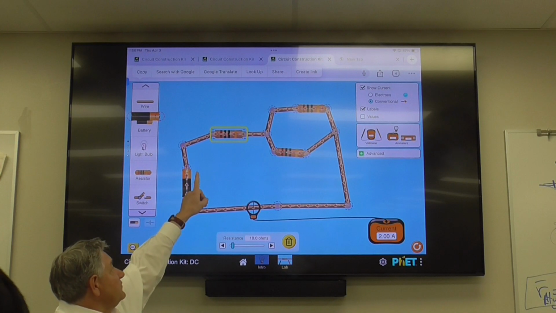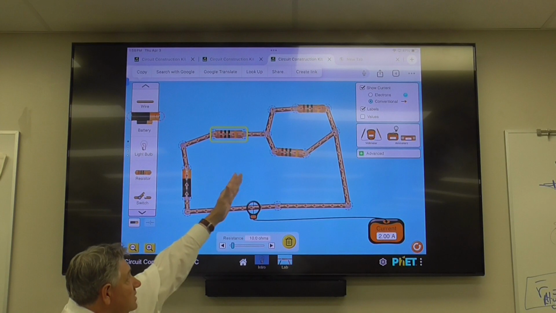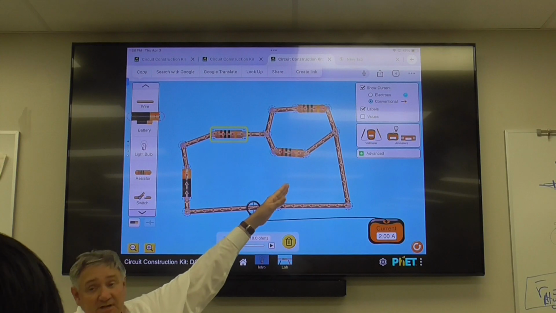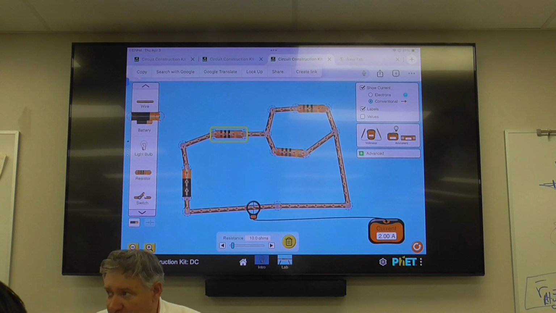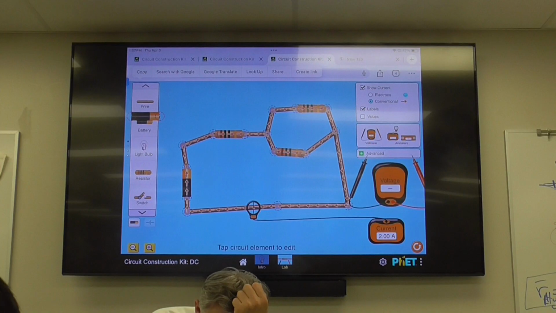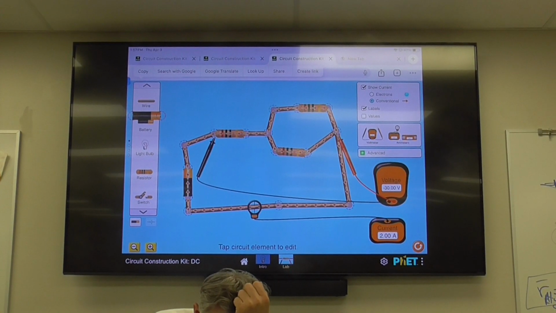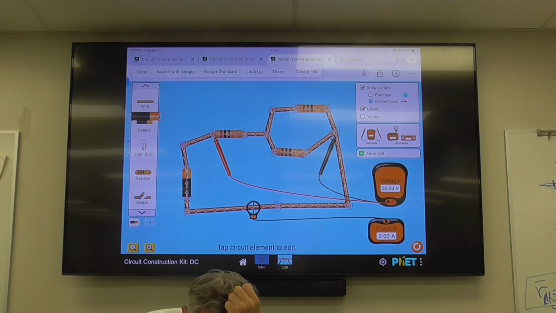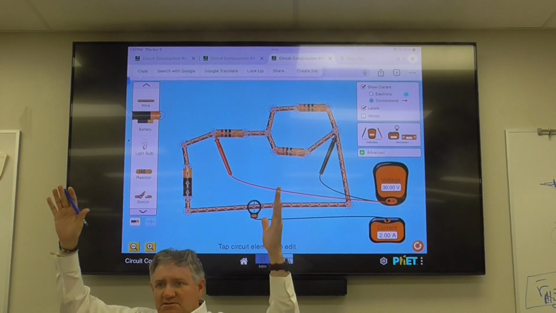If I were to measure the voltage drop all the way across from that first resistor over to where it joins up on the other side of that parallel circuit, what should the voltage drop across everything be? 30. Okay? So, let's make sure that works like it should. I got that. Oh, it's negative 30. Okay? So I have a 30 volt drop across the entire thing.